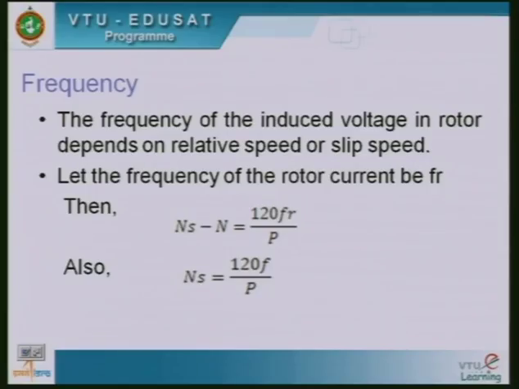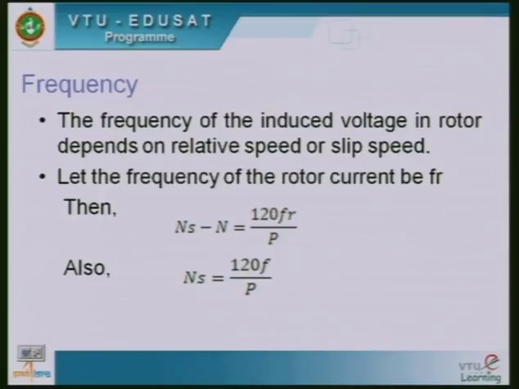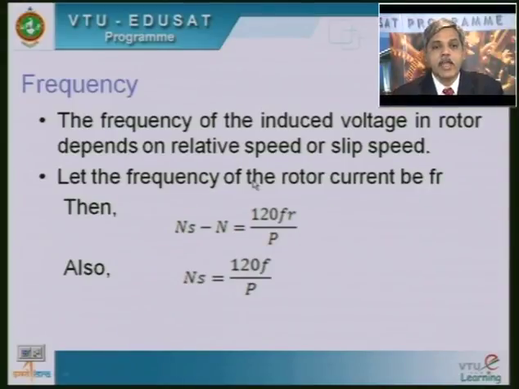The slide you are seeing now is about the frequency of the induced currents in the induction motor rotor conductors under running condition. You can see here the slip speed ns minus n is proportional to 120 fr by p, where fr is the frequency of the rotor conductors under running condition.